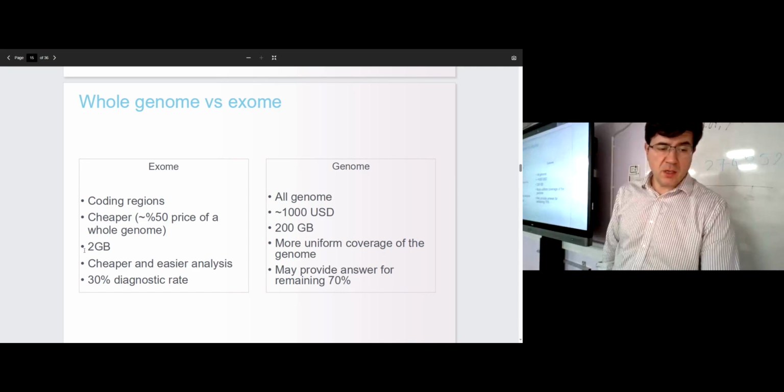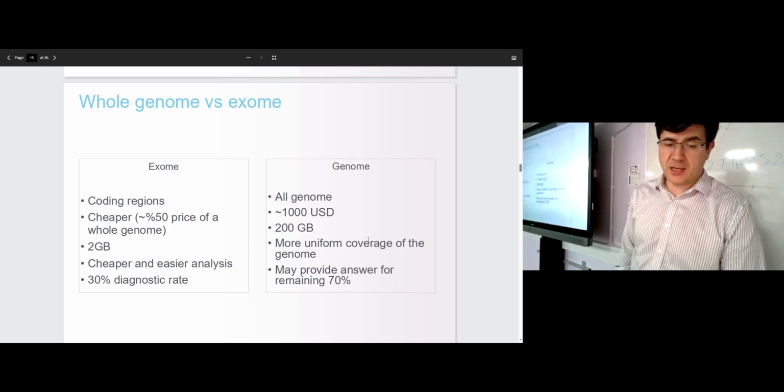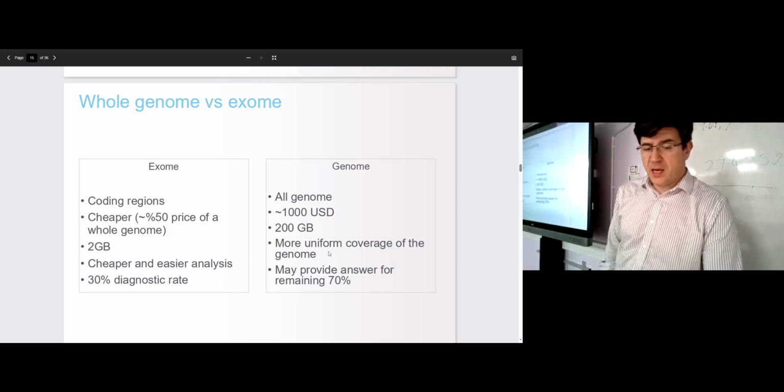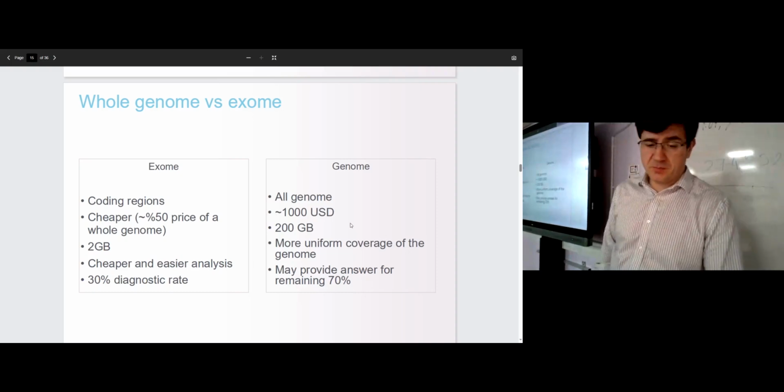It's only around 2 to 4 gigs of volume of data, and the diagnostic rate or yield is around 30%. Whereas the whole genome costs around $1,000. It occupies somewhere around 200 gigs. It has much wider and uniform coverage of the genome, and it provides answers for a lot more interpretation.